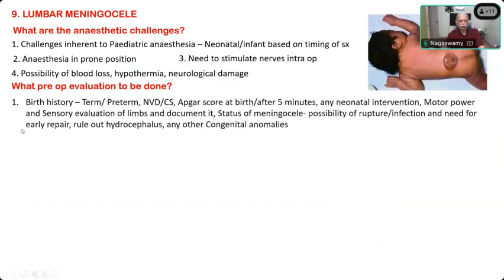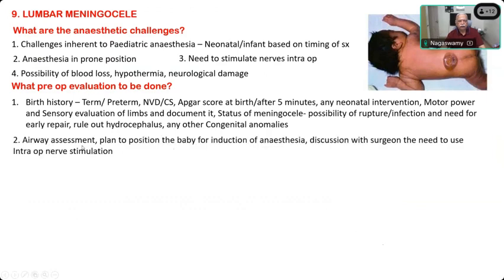But again, go for birth history, term, preterm, normal vaginal delivery, Apgar score at birth and after 5 minutes. Any neonatal intervention needed at the time. Motor and sensory evaluation of the limbs and documented. This is very, very important. And status of meningocele, possibility of rupture or infection, and need for early repair. Rule out hydrocephalus. Children with meningocele may also have hydrocephalus and any other congenital anomalies.